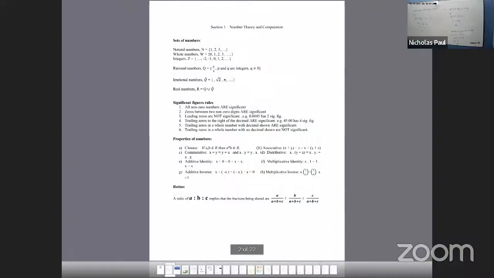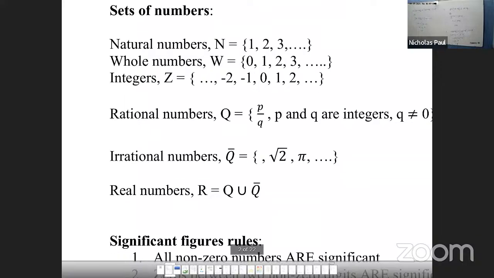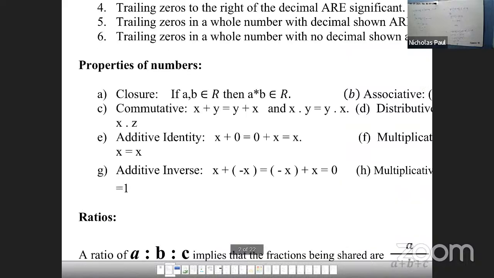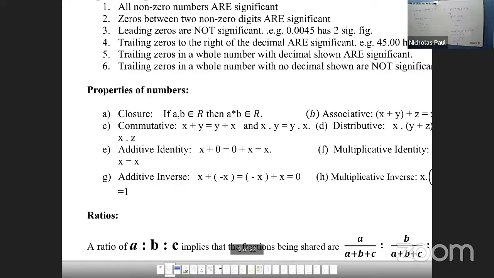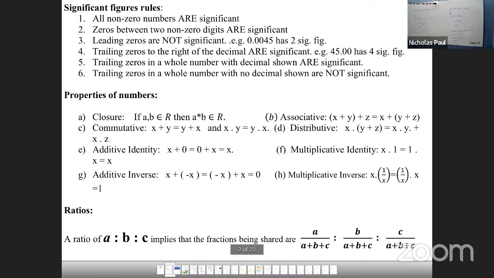You remember natural numbers and whole numbers, and then what is closure, and additive identity.